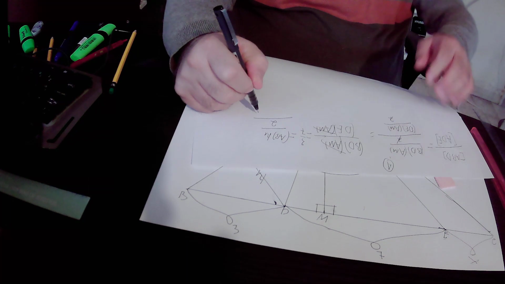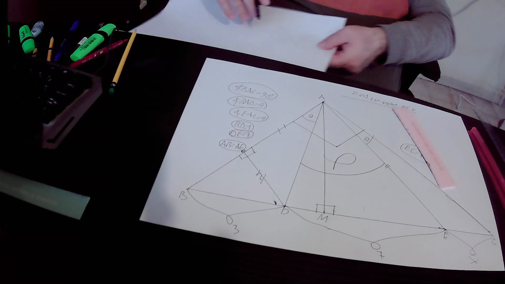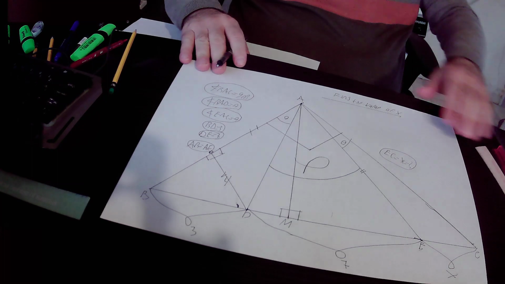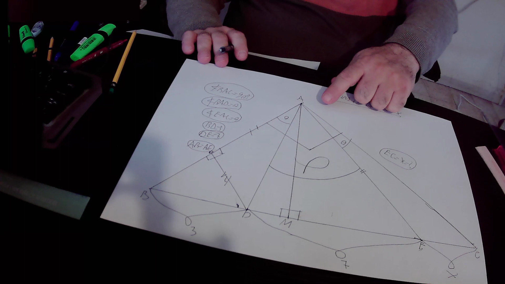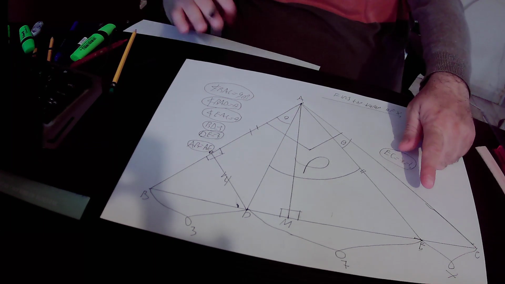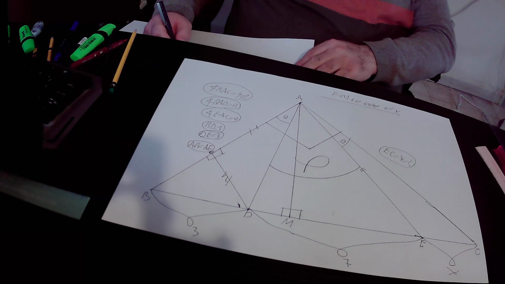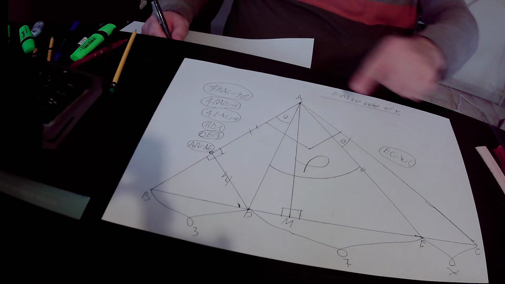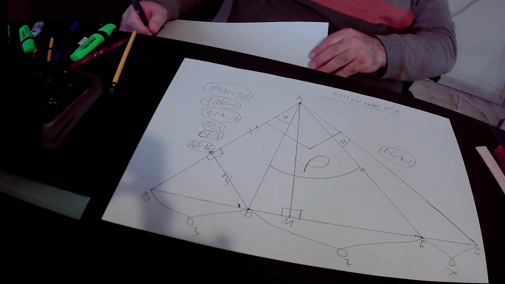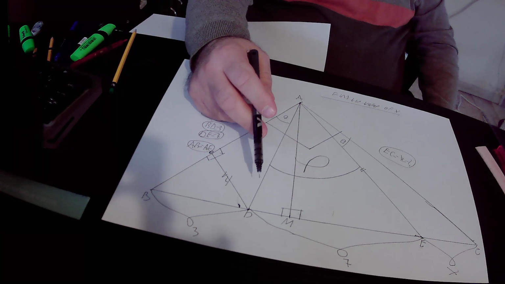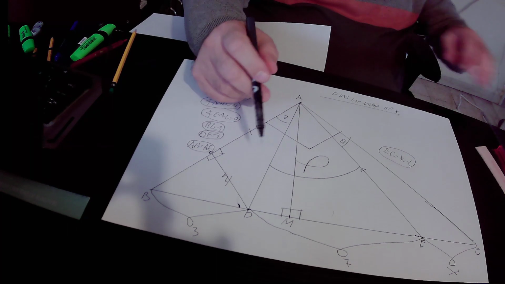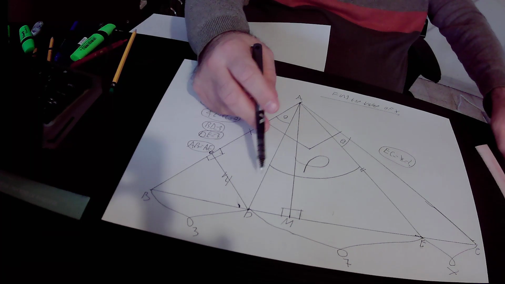Likewise, we'll calculate the area of triangle ADE. Now we will take the base of triangle ADE as side AE, so AE is the base of triangle ADE times the height to the base. Here the height to the base must create 90 degrees with the base AE, so from point D we will draw a perpendicular to AE.